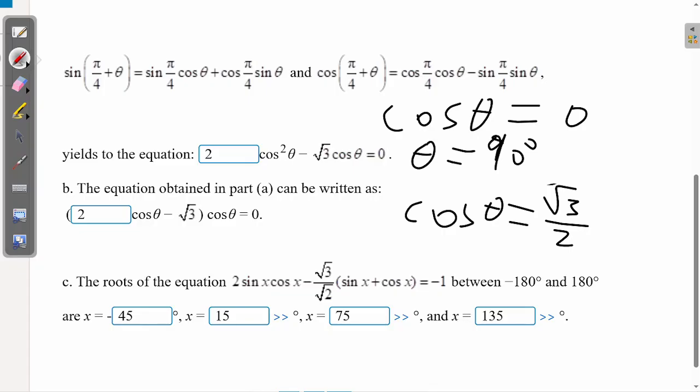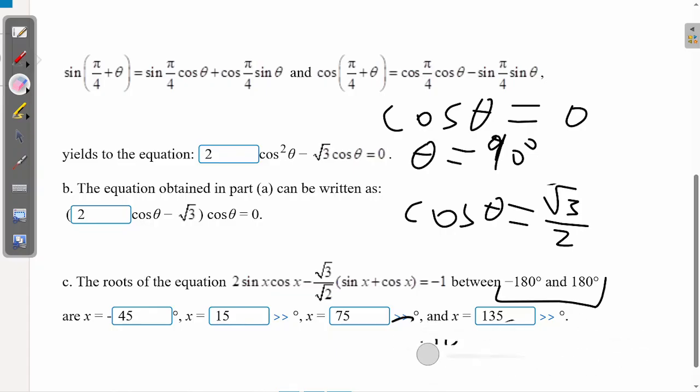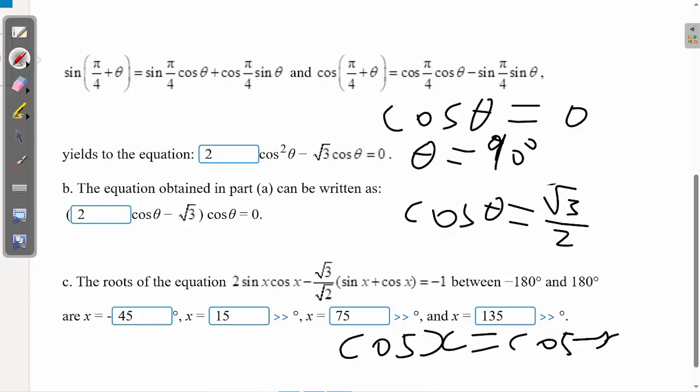Okay, now if you try to do 360 minus 90 to get another angle, you're gonna get 270, and this is correct, but they said they want from negative 180 to 180, so you can't put 270. What you can do though is, since you know that cosine theta is an even function, cosine of x is going to be the same as cosine of negative x.